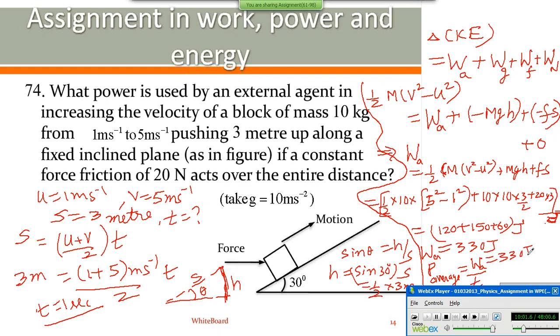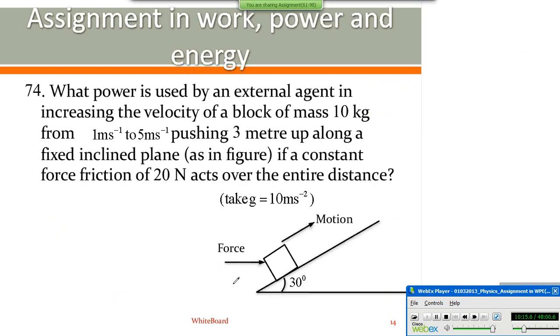That is 330 joules by 1 second. In case you need more time to copy the solution, you can pause and copy it. So for question number 74, the first option is the answer.